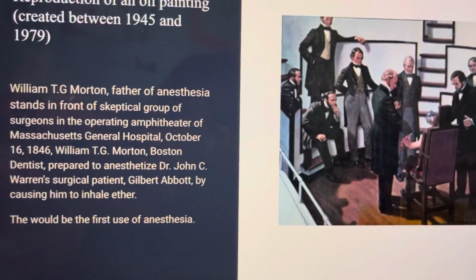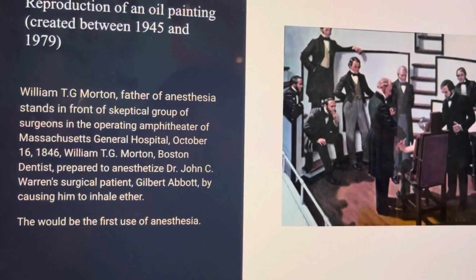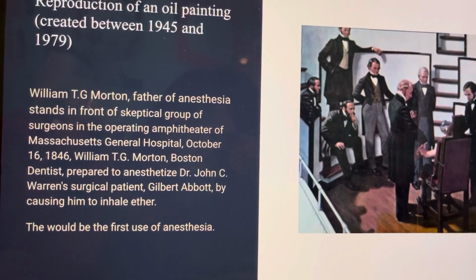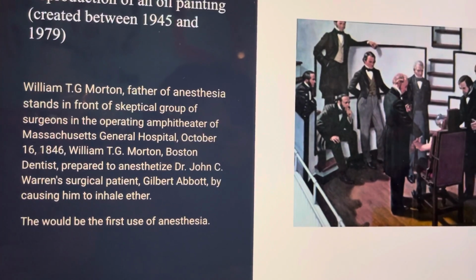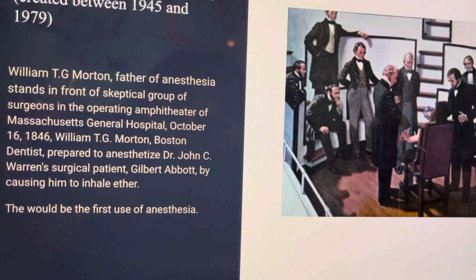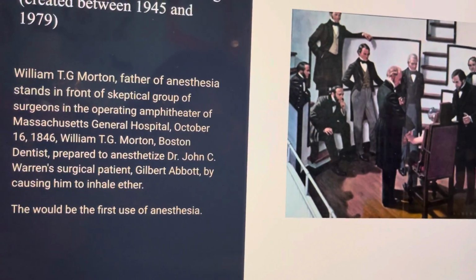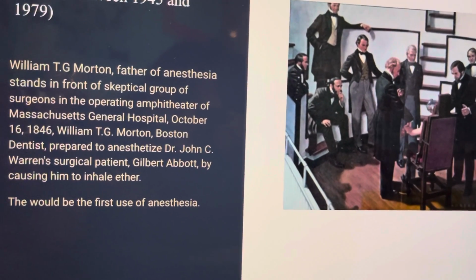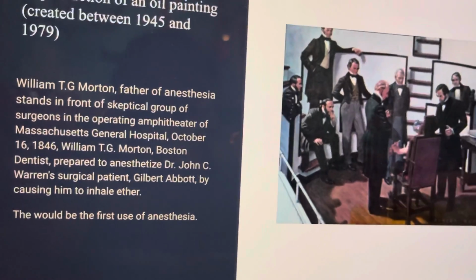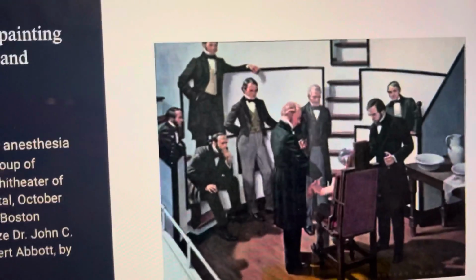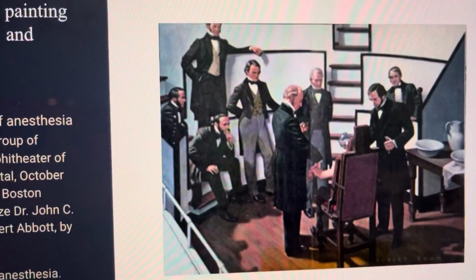So it wasn't Morton's own patient, it was Warren's patient, Gilbert Abbott. This was first done by causing him to inhale the chemical ether. This would be known as the first use of anesthesia. So I just want to get in on the image. It's a very detailed oil painting.